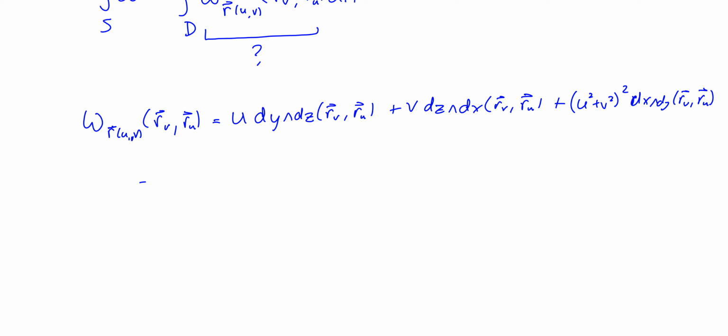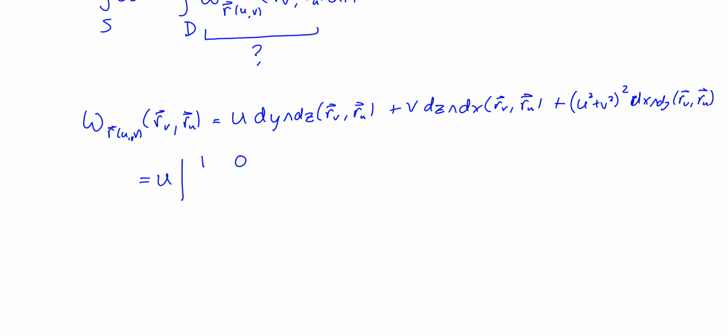If we just write down the definition here, remember the dy is taking the y component of these. So the j component of r of v is 1. The j component of r of u is 0. And then the dz is taking the z component.